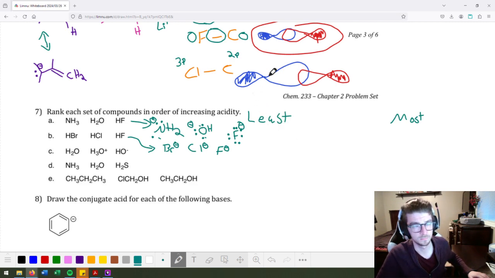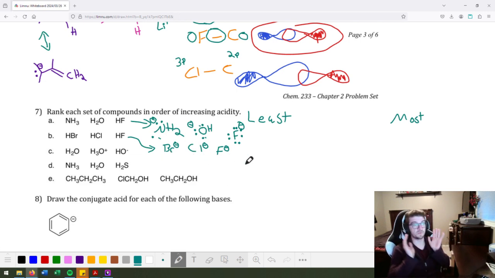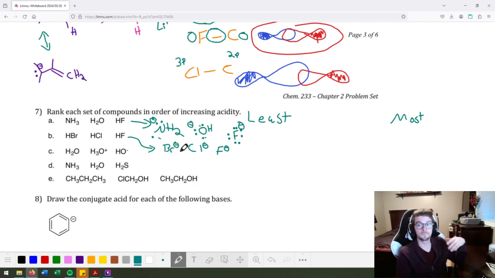Right? Okay. Alright. So for these ones, these now are not all in the same row, they are all in the same group, or the column. These are all halogens. Fluorine is the smallest, chlorine is the mediumest, and bromine is the biggest.